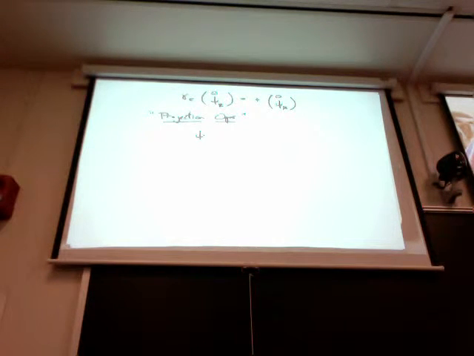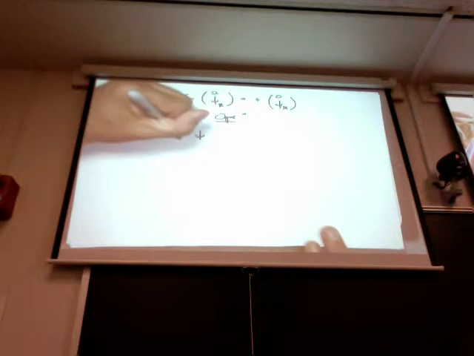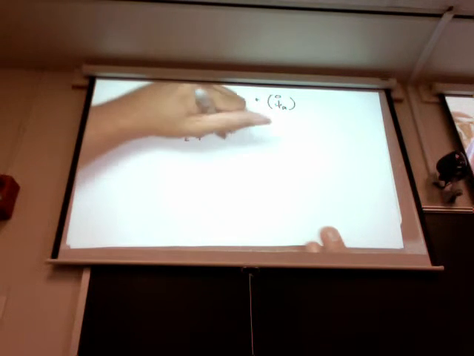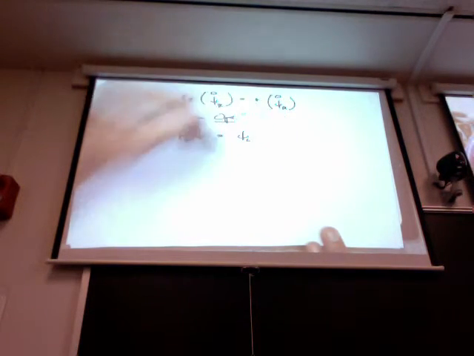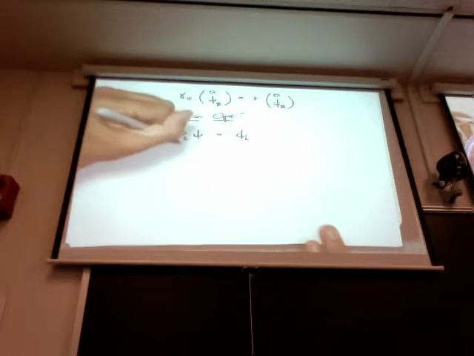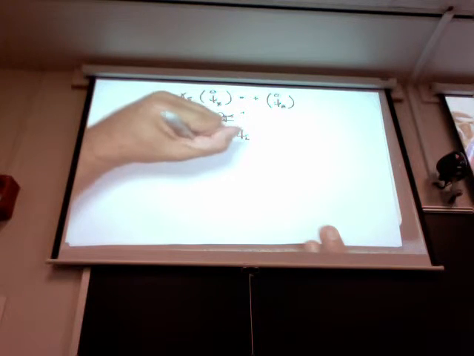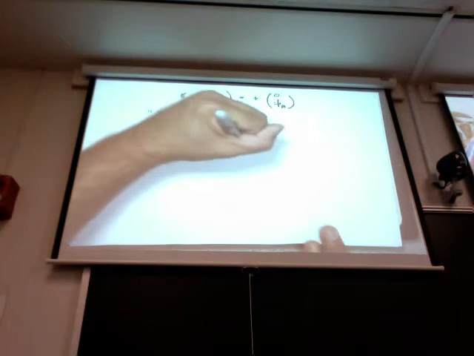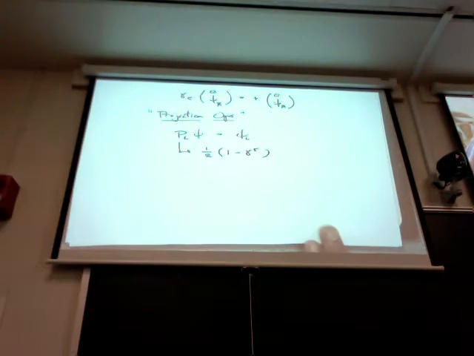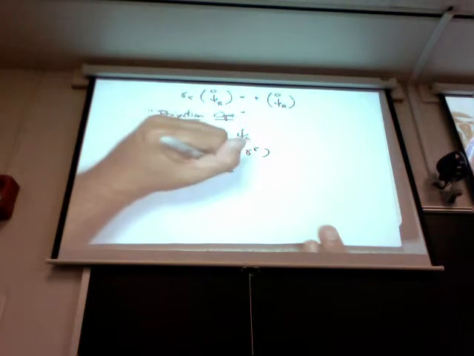The way I could do that is by defining some operator that when it hits this, it just gives me psi L. And you can write this in terms of gamma 5 as 1/2 (1 minus gamma 5), where this 1 is the identity operator.